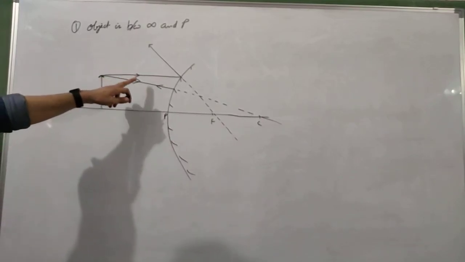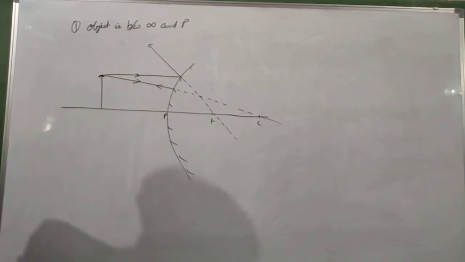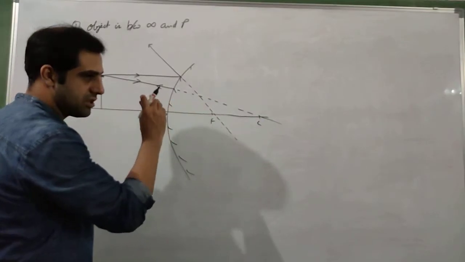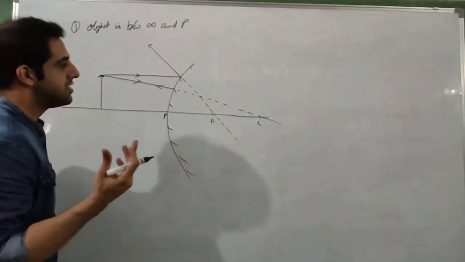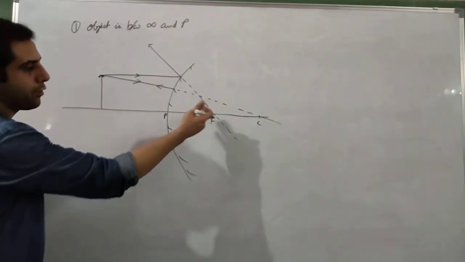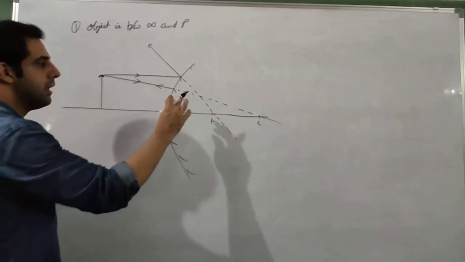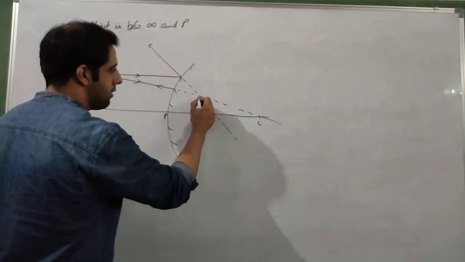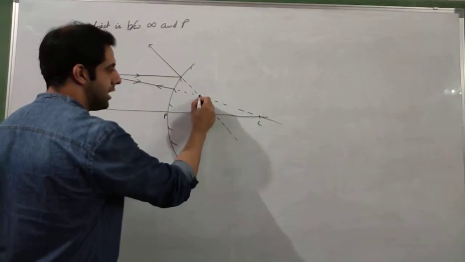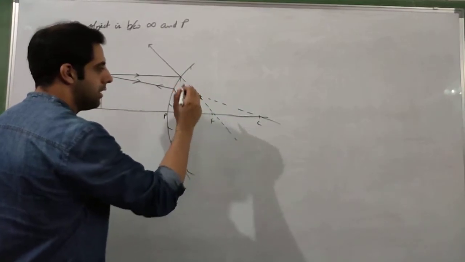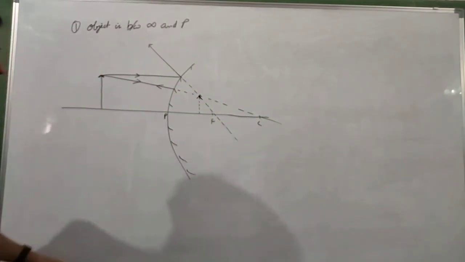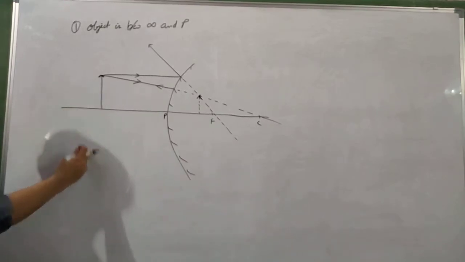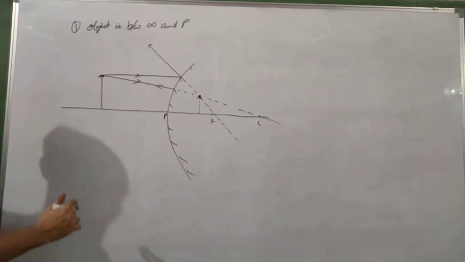So we have used the first rule and the second rule. Now these two rays which are perceived rays, they appear to come from this side, they are not actually coming. These perceived rays are meeting at this point. So that means the virtual image will be formed at this point like this, and again we are going to write the same parameters.